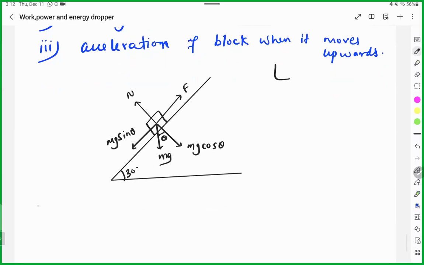First question is you have to calculate work done against gravity. Gravity is in the downward direction. What is the force? Force into displacement.